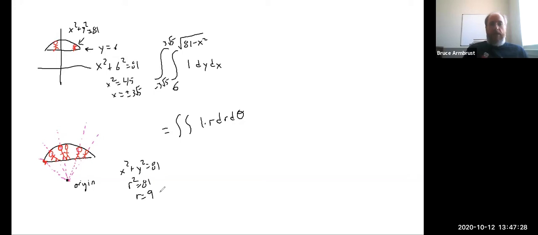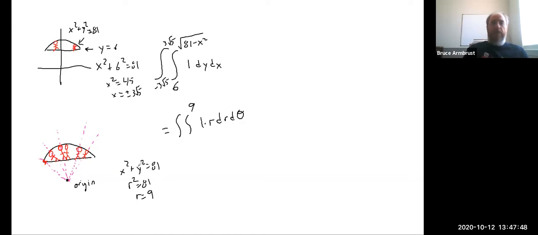So circles that are centered at the origin are just r equals. So that means that the upper bound on this is going to be 9. All right, so there's that.